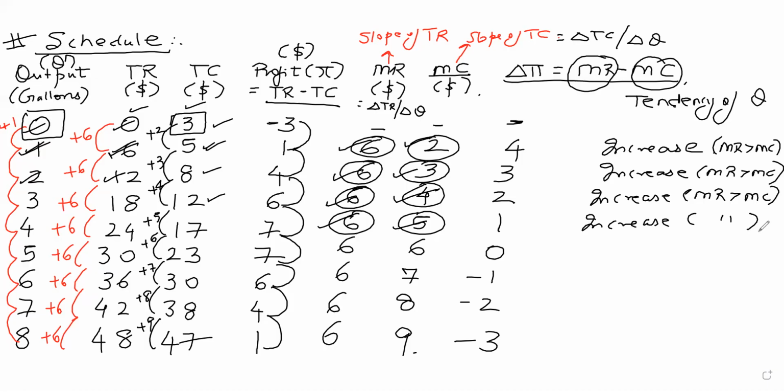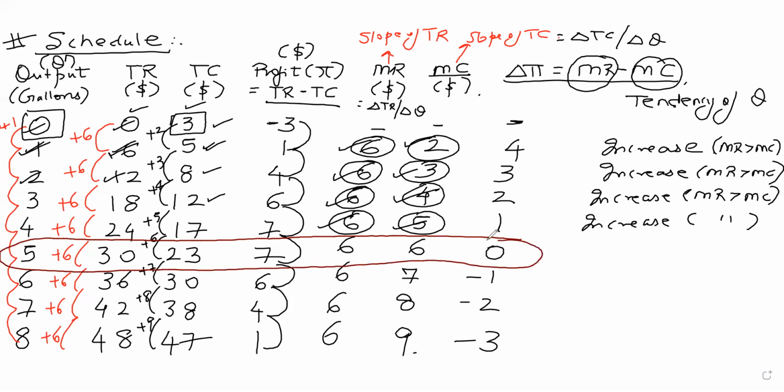So clearly look at this, guys. Look at this brown fenced region. So you can clearly see here Q will not change. The firms will not change their output, because in this case the additional revenue earned exactly equals the additional cost incurred.